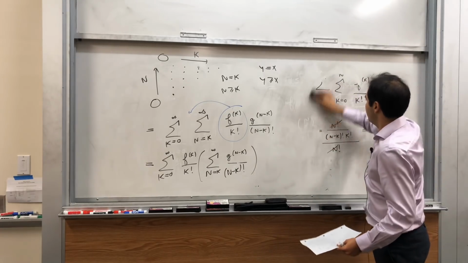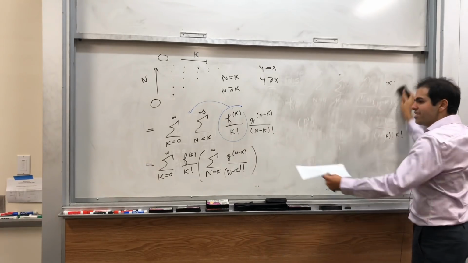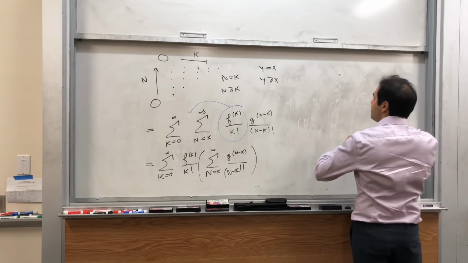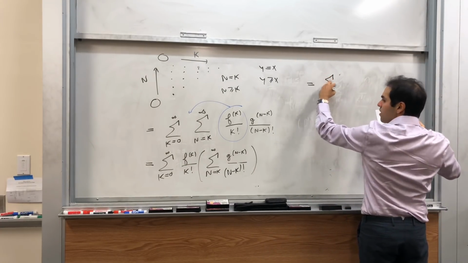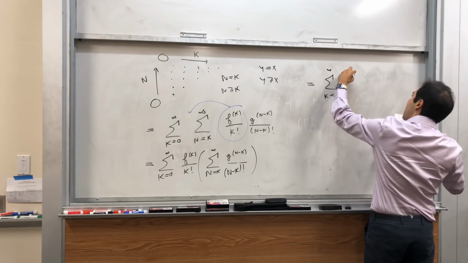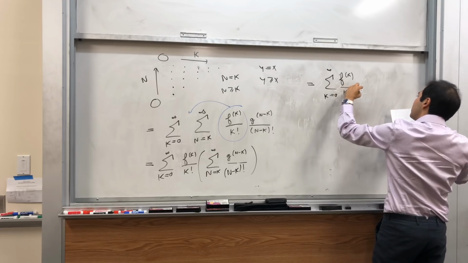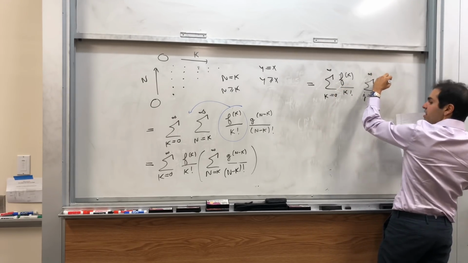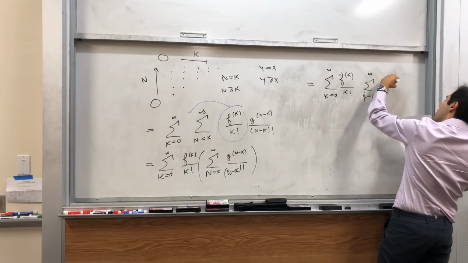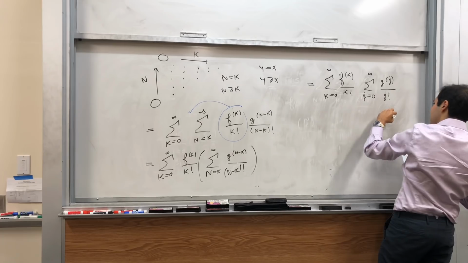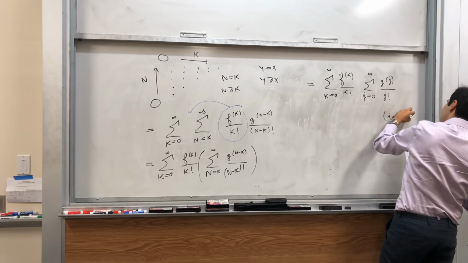So in other words, this actually doesn't depend on n or k at all. So this becomes the sum from k from 0 to infinity of f_k over k factorial times the sum from j from 0 to infinity of g_j over j factorial, where j is n minus k.